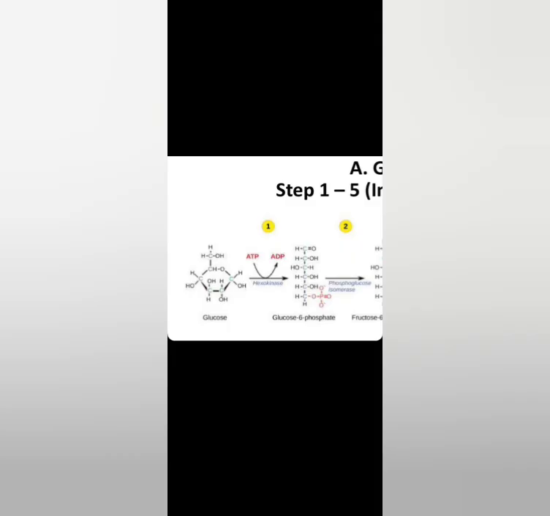That requires energy, and that energy comes from the hydrolysis of ATP. Breaking apart ATP into ADP releases energy. That energy is used to put that phosphate onto glucose. Does that make sense? That's your first ATP that you use.